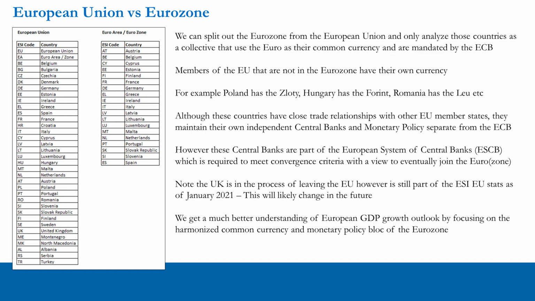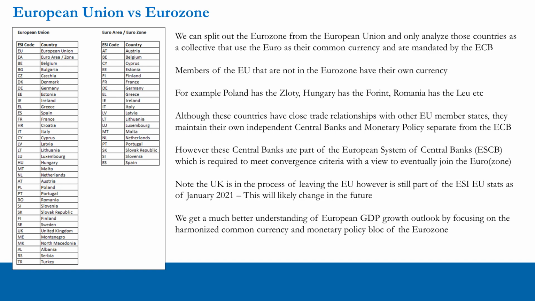This is probably going to change in the future, so you may want to update your spreadsheets accordingly when that happens. Just keep an eye out for that. So we get a much better understanding of the European GDP growth outlook by focusing on the Eurozone, the harmonized common currency and monetary policy block of the Eurozone itself.